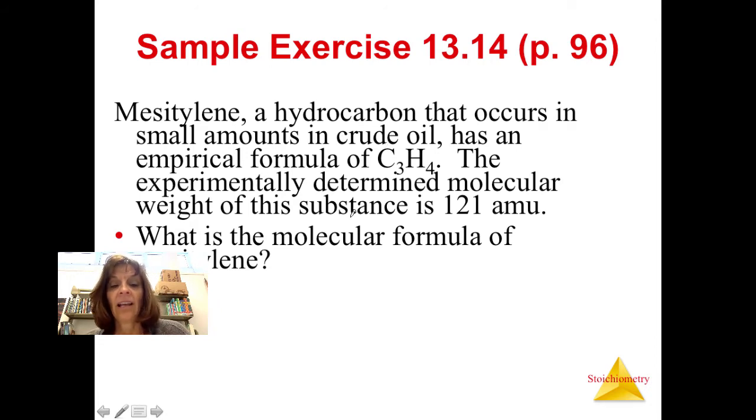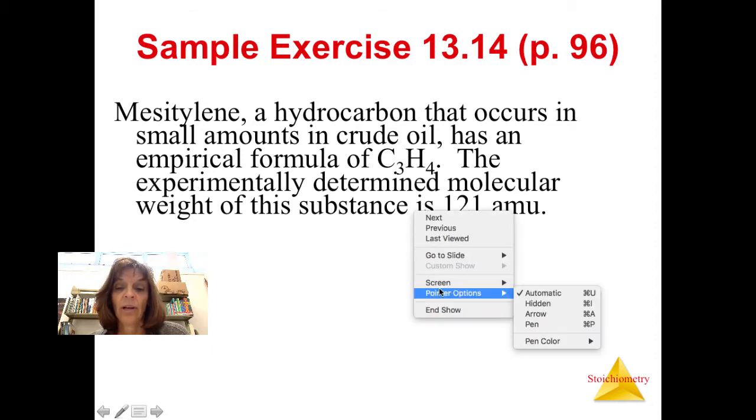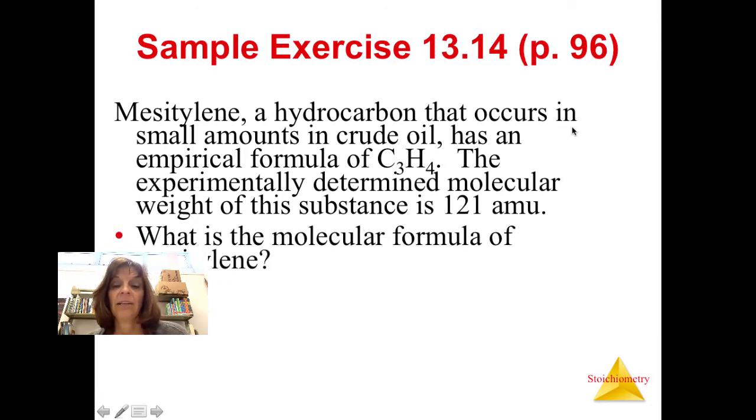So we want to take the molecular formula. Mesitylene is a hydrocarbon that's in crude oil. It has an empirical formula of C3H4. We are going to use Bunsen's information to try to determine what the molecular formula is.